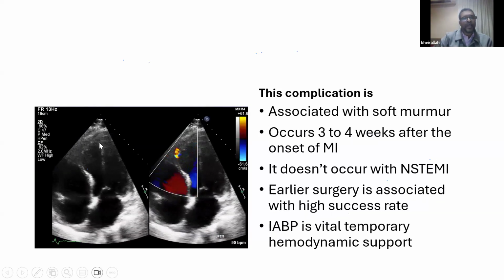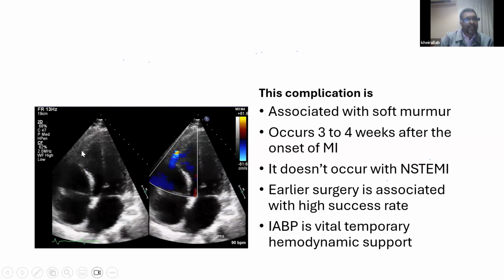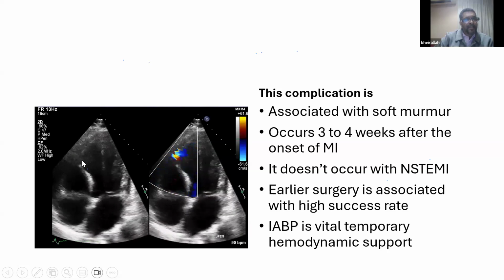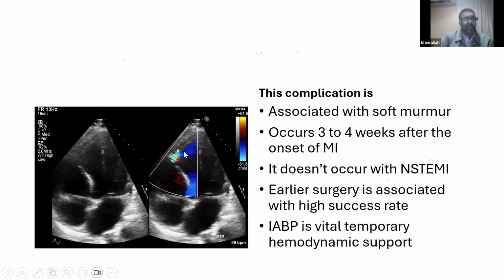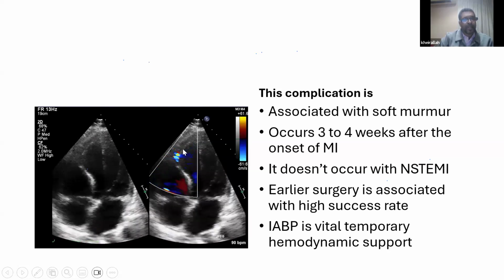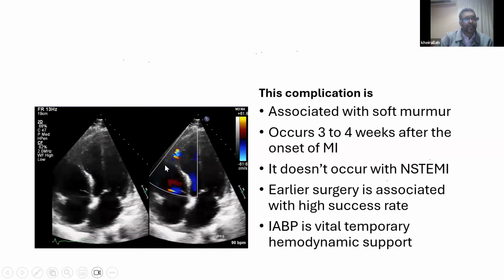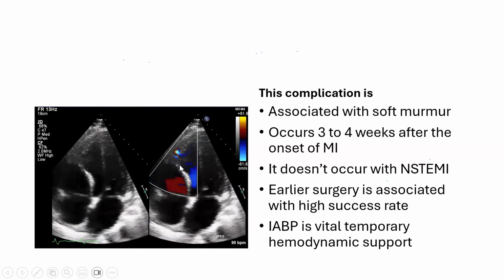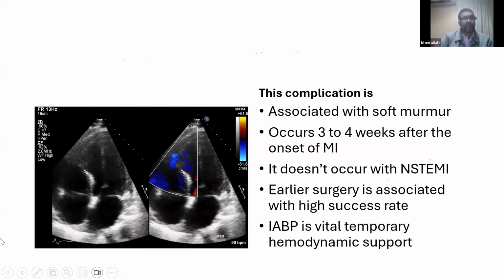Now, this complication, as you see here, this is an apical 4-chamber, and you see the apex is akinetic, and the septum is akinetic and aneurysmal. And there is flow going through the septum. So the diagnosis here is what? VSR. Exactly, this is ventricular septal rupture.